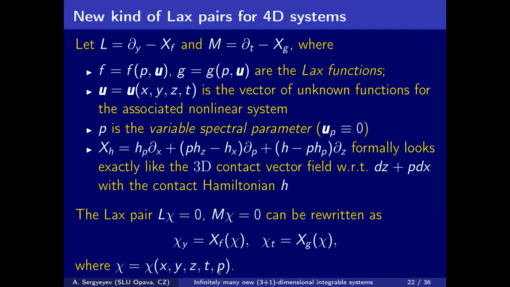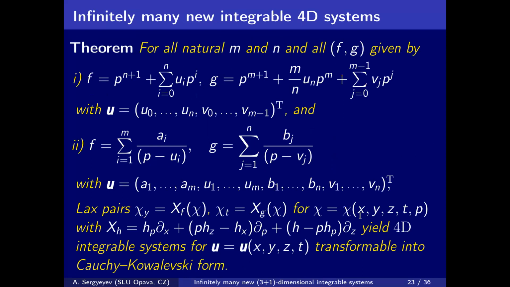Again, let me reiterate that P is a variable spectral parameter, and the vector function u does not depend on it. The key claim here is that this construction produces infinitely many new 4D integrable systems.